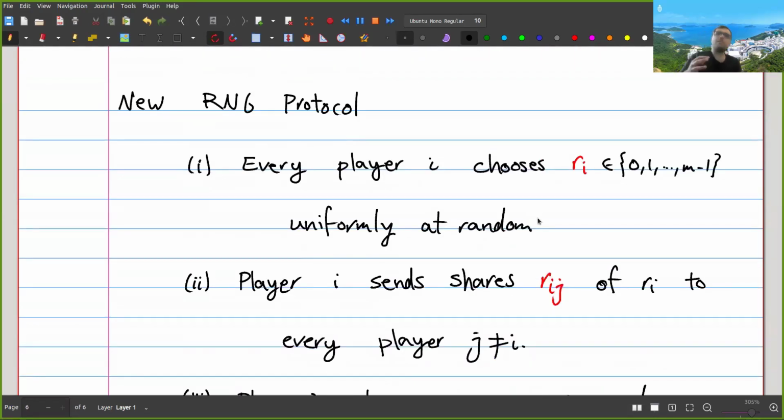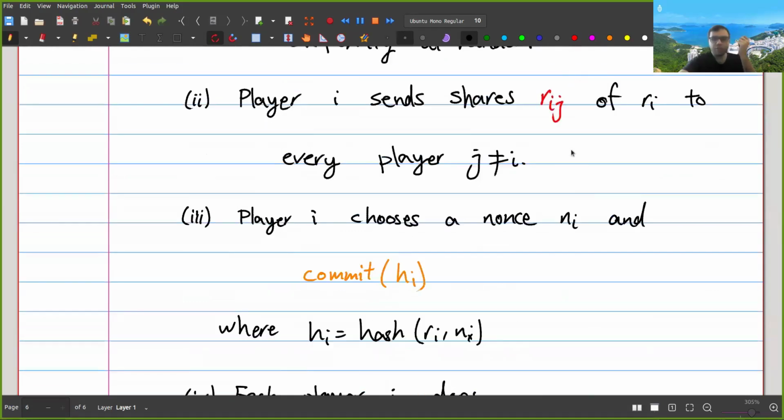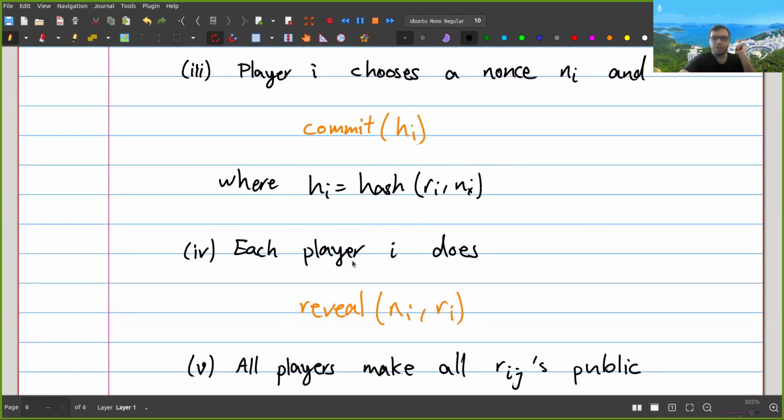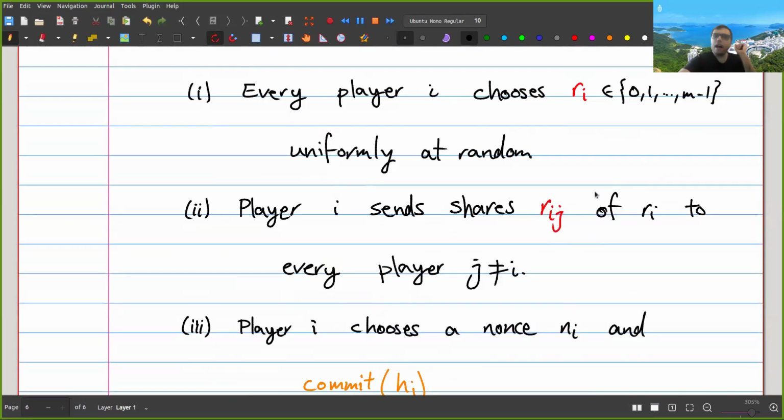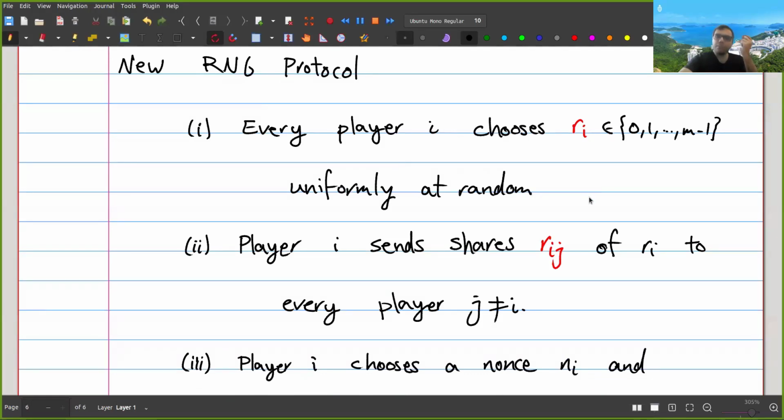Suppose that some of these players are malicious and they want to collaborate with each other to find other people's secrets. They want to find these Ri, and they want to find them before the time comes, before step 4. Now, I need to make sure that the number of dishonest people is at most t minus 1.